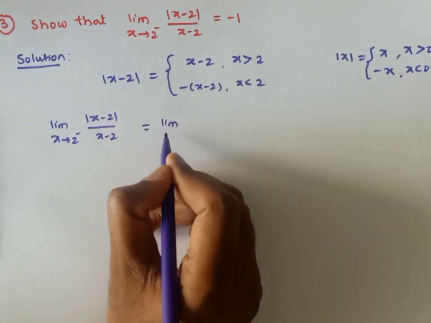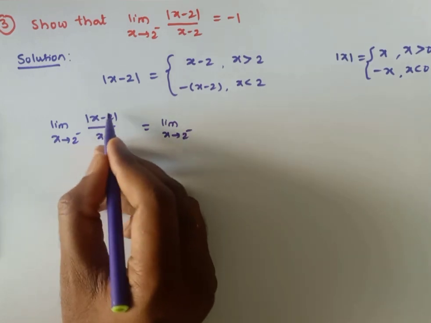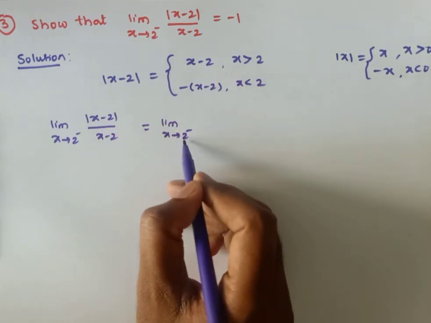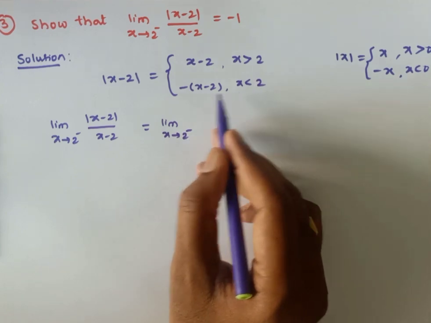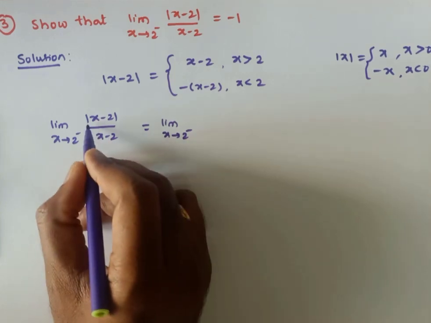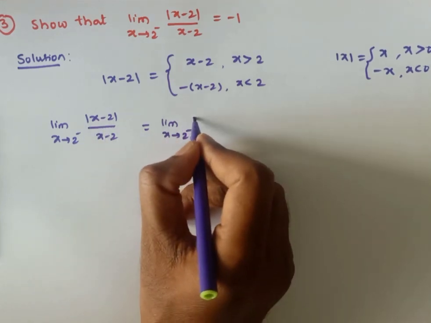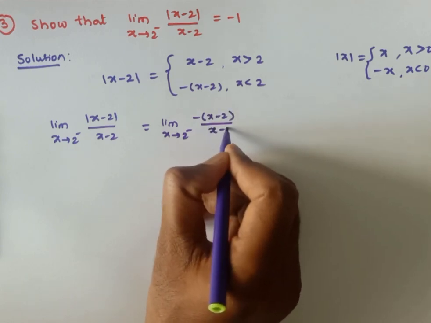Now, so limit x tends to 2 minus, therefore x tends to 2 power minus, is nothing but a little bit less than 2 కదా. అప్పుడు ఏం డిఫైన్ చేసింది ఇక్కడ, minus of x minus 2. So that we can replace this modulus of x minus 2 with minus of x minus 2 divided by x minus 2.